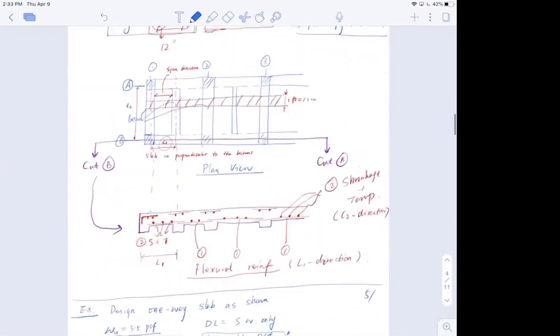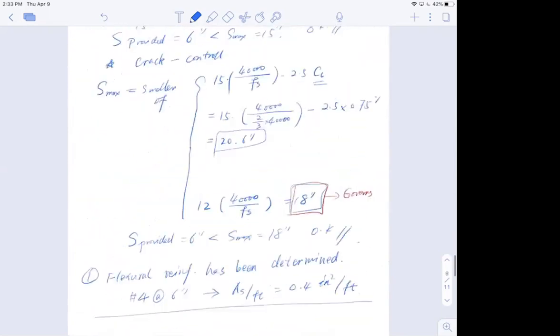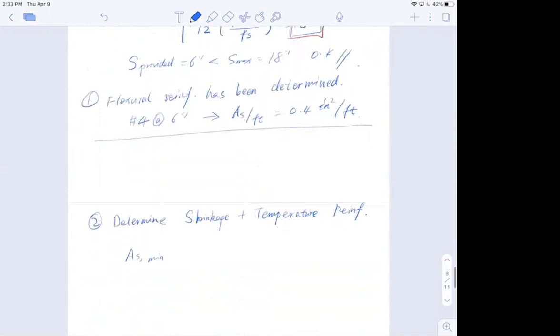Now let me show you what we have. First of all, we have checked the flexure reinforcement, and we need to determine the shrinkage and temperature reinforcement. So As min, given that fy equals 40 ksi, I'm going to use only the first equation, which is 0.002 b h.